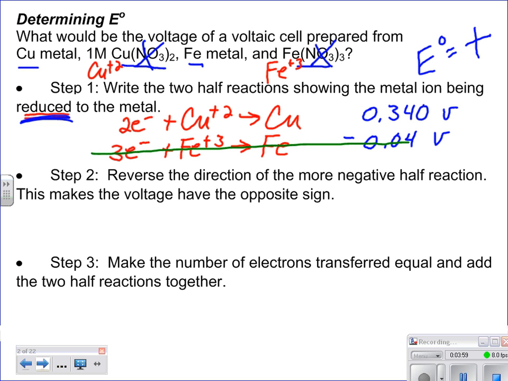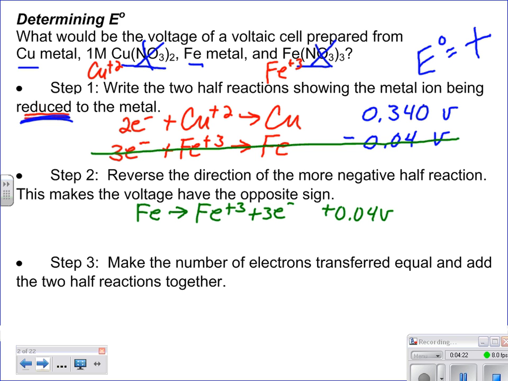So I'm going to rewrite that. Instead of being a reduction half, it's going to be an oxidation half: iron turning into iron plus 3 plus 3 electrons. Now, instead of being negative 0.04, it's going to be positive 0.04 volts.